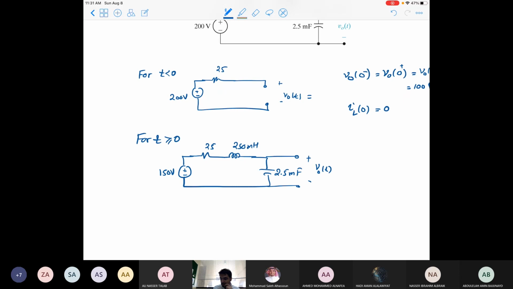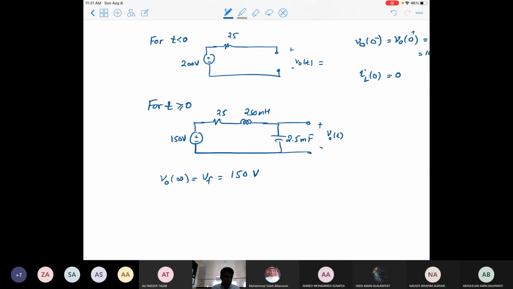The final value of the voltage is going to be 150 volts. Let's determine the type of response we have by finding alpha and omega naught.